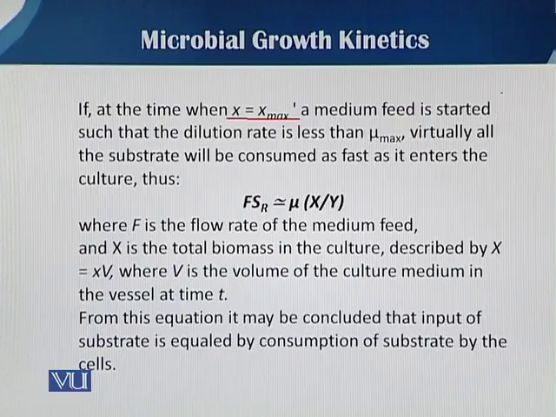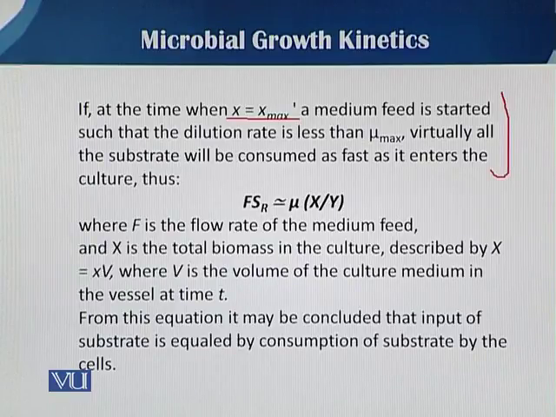So here we have to be very critical. When we start the feeding in the fermenter vessel, if our fed batch fermentation is going on and we start feeding our substrate when there is no more residual substrate, we can say that S is equal to 0.